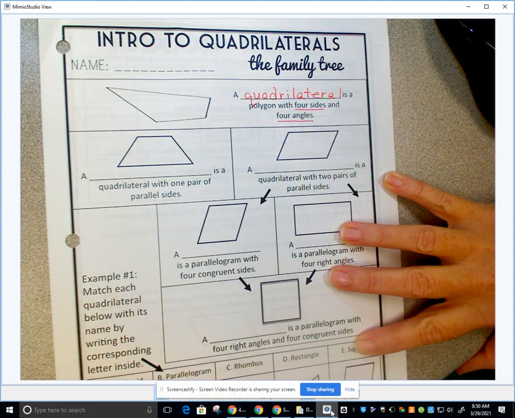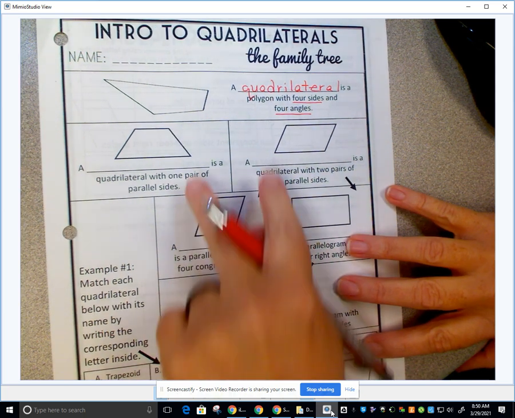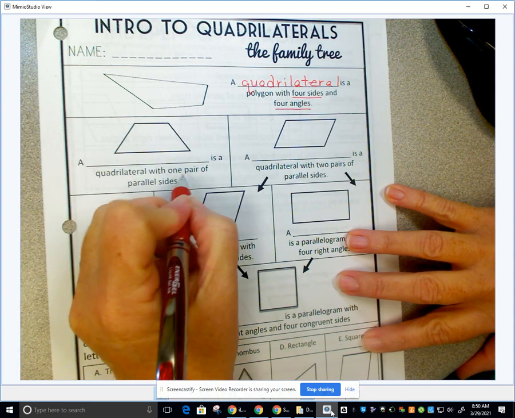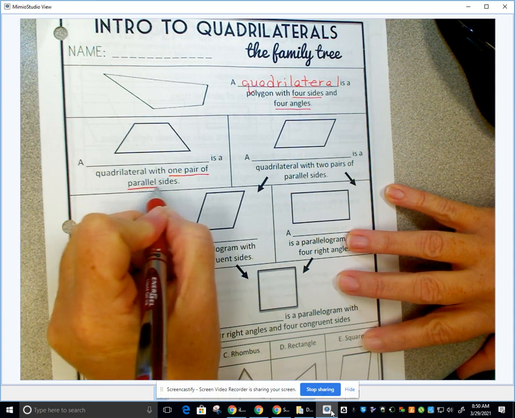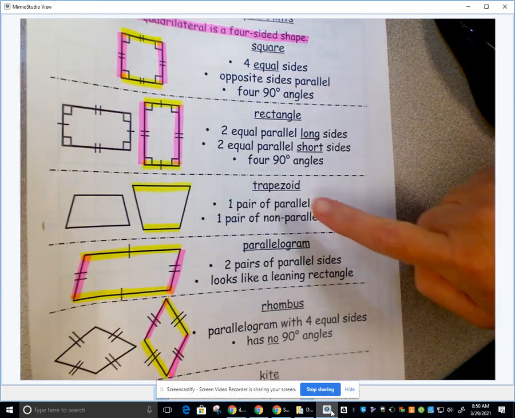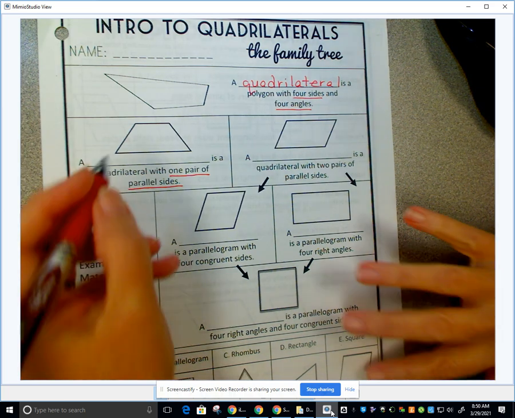And then we come down, and it says a blank is a quadrilateral with one pair of parallel sides. Remember a while ago, the trapezoid had one pair of parallel sides. Trapezoid.